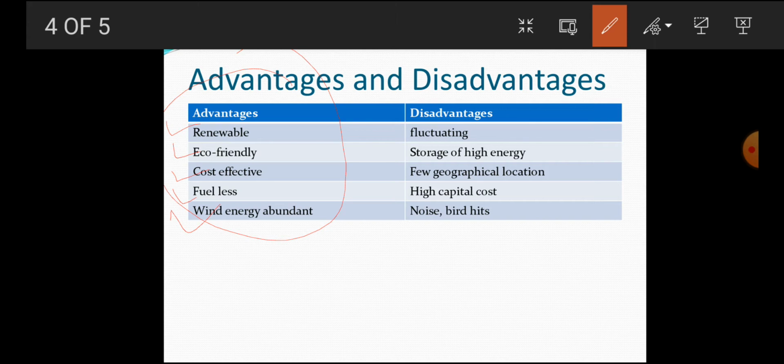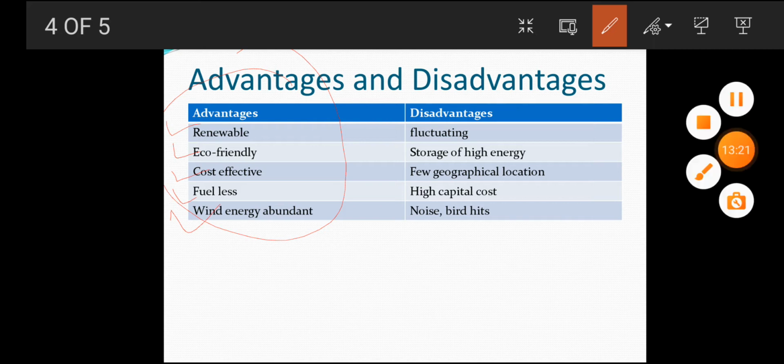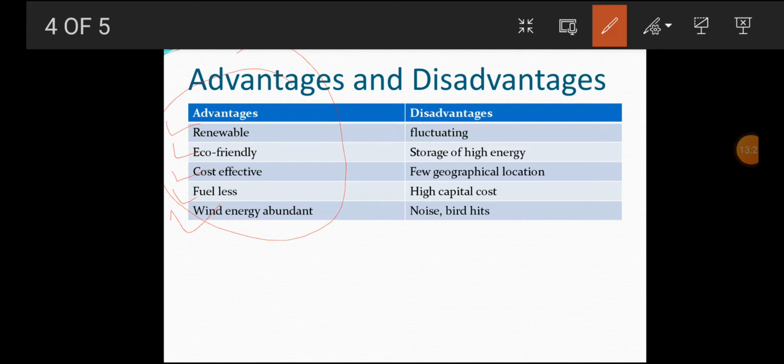In sunlight, you get around 300 sunny days in India and in other parts of the world different numbers of days, and the sunshine hours are very less compared to wind energy. So these are the advantages of wind energy.